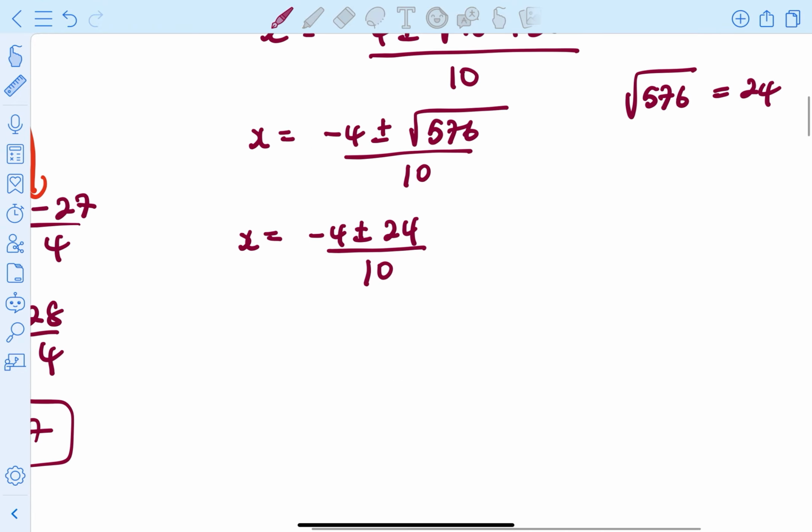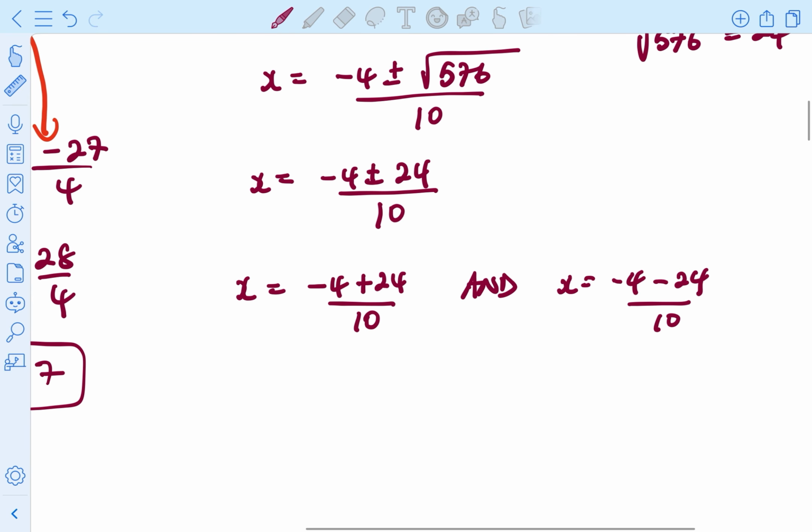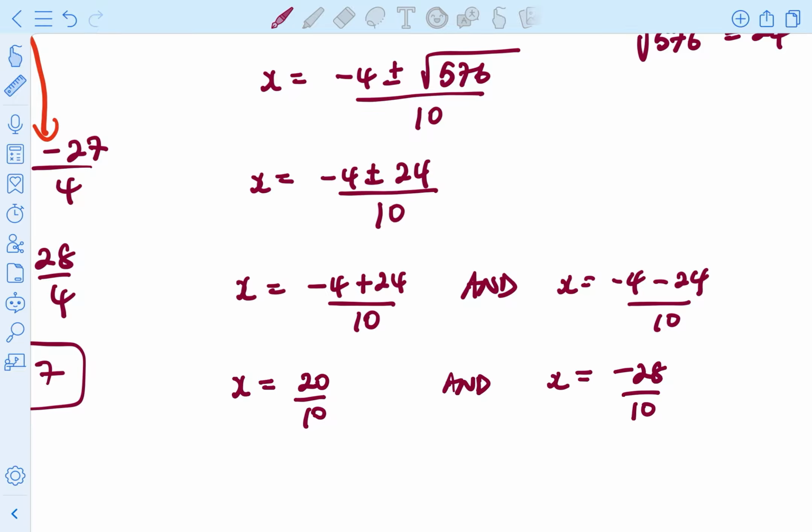So now is when we split the plus or minus. x will be equal to -4 plus 24 over 10, and x will be equal to -4 minus 24 over 10, right? And so in this case, x will be equal to 20 over 10, and x will be equal to -28 over 10.